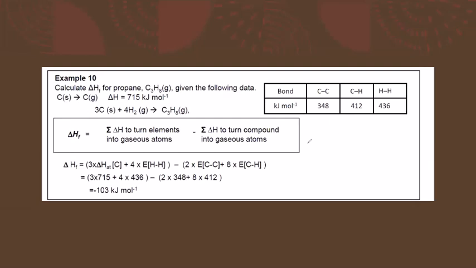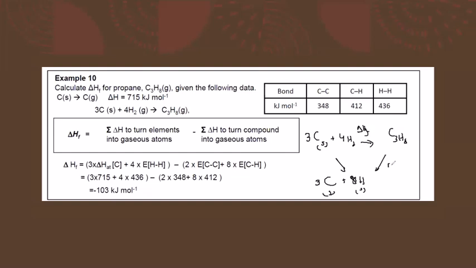So how can we work this out? We have 3 carbons in solid state and 4 hydrogens, forming C3H8. So we can have carbon in a gaseous state, and we can have 8 hydrogen atoms in a gaseous state. So this is the enthalpy change of formation.